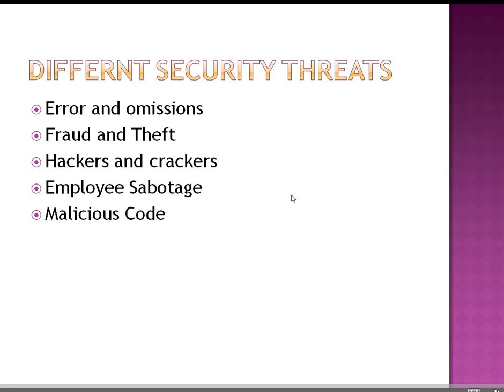And fraud and theft is the unauthorized use of a service, or someone acting as someone else to obtain your personal information. You must have seen many times we receive a message wherein they ask you for personal information and try to hack your bank account details and all.